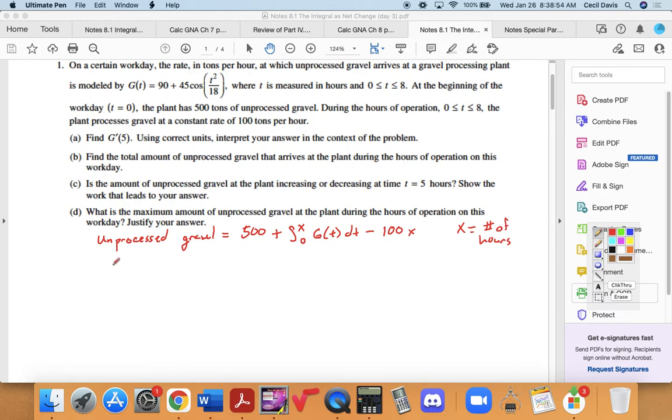So the derivative of unprocessed gravel is going to be equal to g of x minus 100.